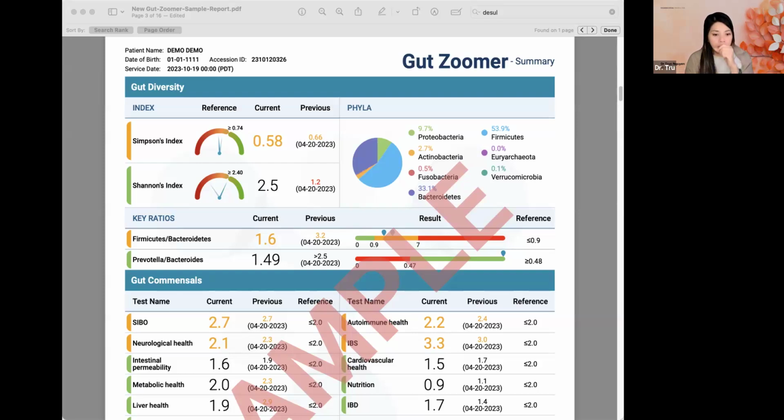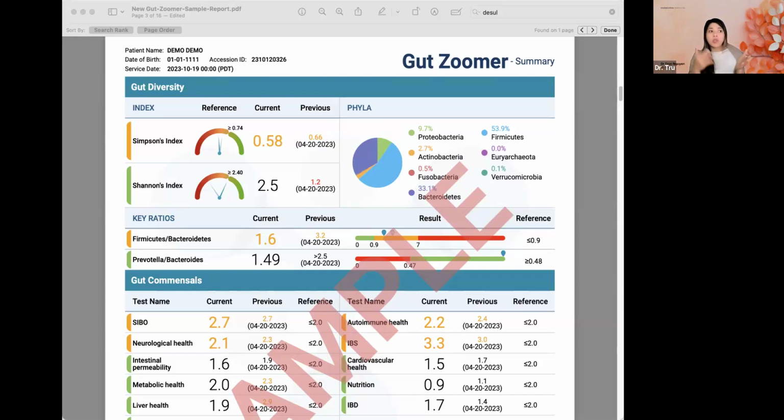Now, to the right, you're going to see the phylum. The phyla is a taxonomy classification of the bacteria kingdom, which basically are big groups of bacteria, and there are different genus and species under these phyla.